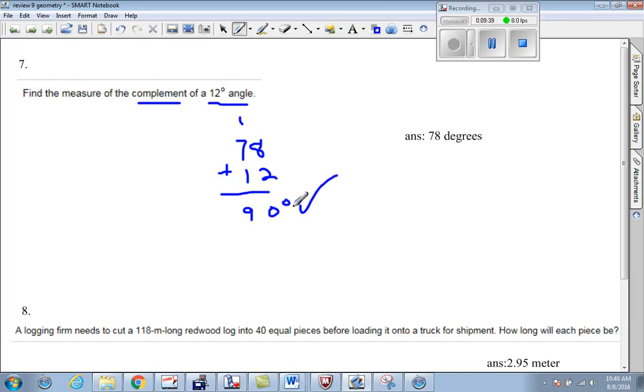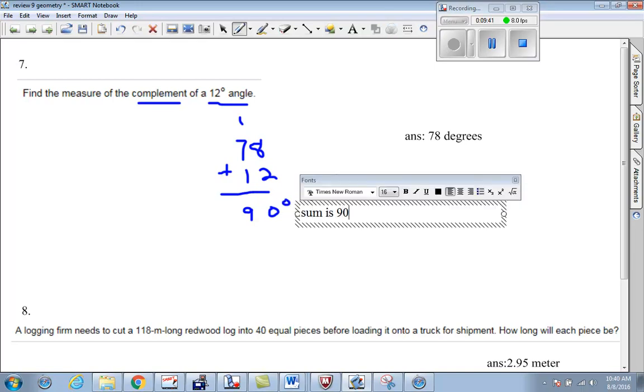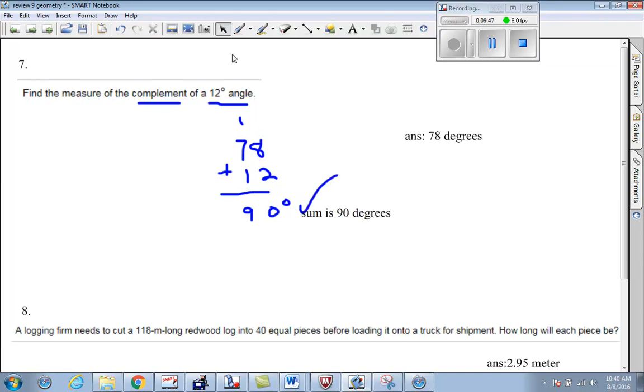Aha, makes sense. Sum is 90 degrees, which is the very definition of complementary angles. So definitely, when you're being tested, be on the lookout for the words complementary and supplementary. Important vocabulary words.